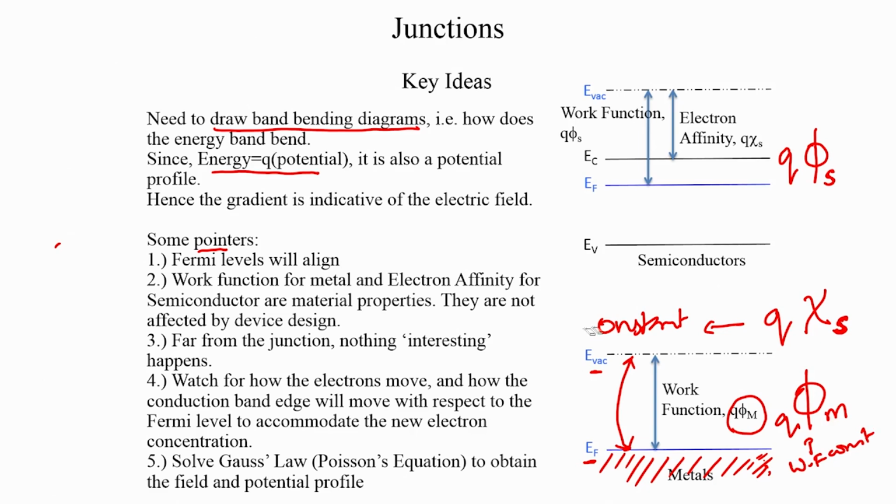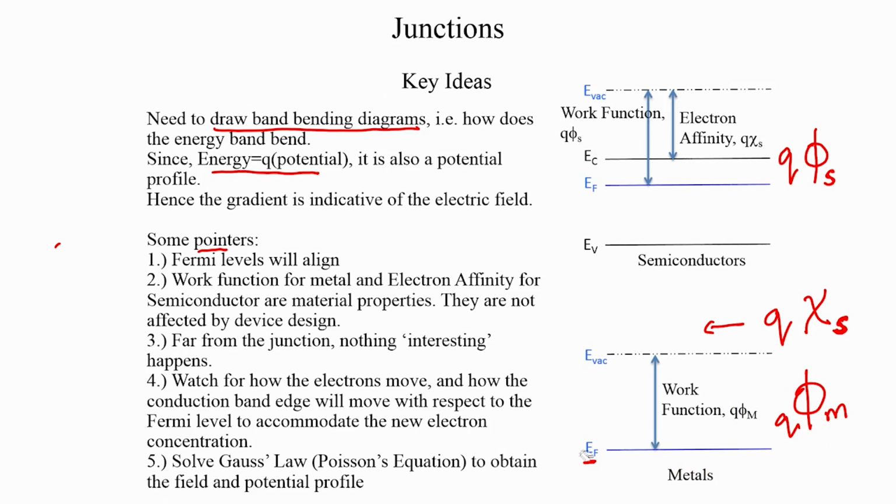So if these pictures are clear, then you are one step closer to drawing a band diagram. I will show you what a band diagram is and how we can draw it. Essentially, what do you mean by a band diagram?